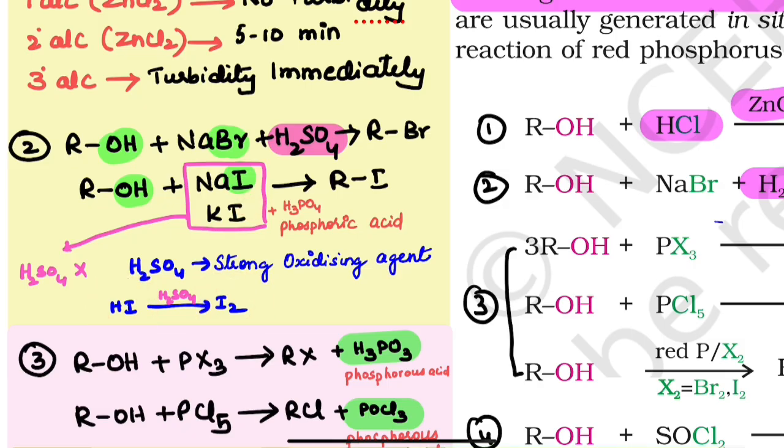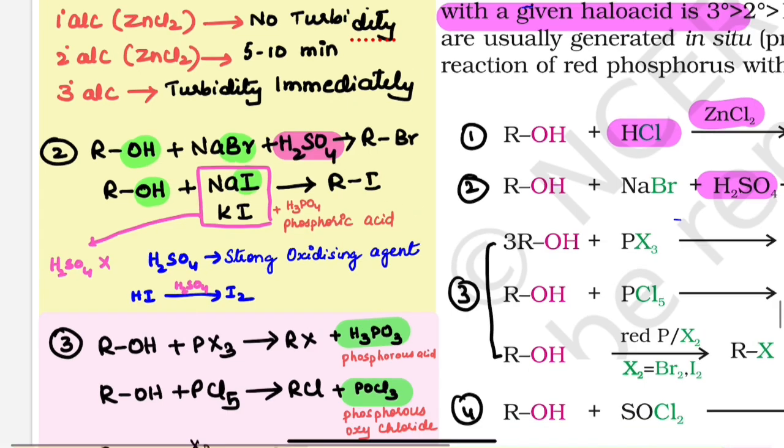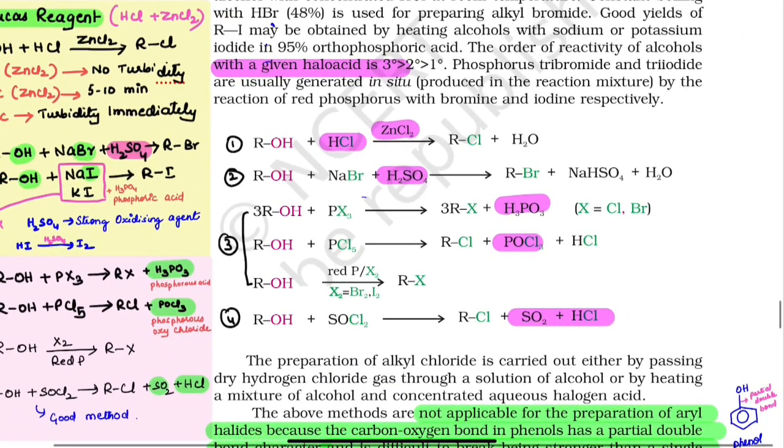So that is why we are not using sulfuric acid when iodide is taken. For the second we are not taking sulfuric acid, and for the first one we are taking sulfuric acid. So see the reaction: alcohol when treated with sodium bromide in the presence of sulfuric acid, we are getting RBr. And remember one more point here, very important.